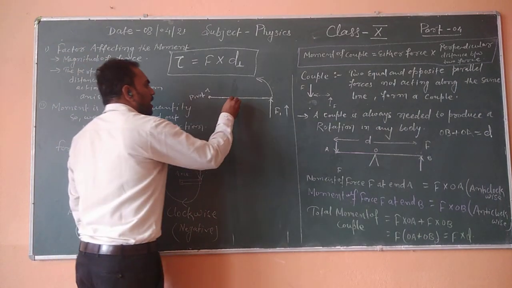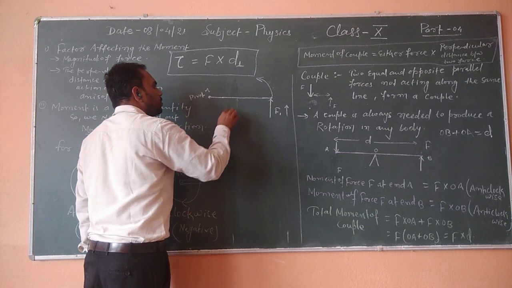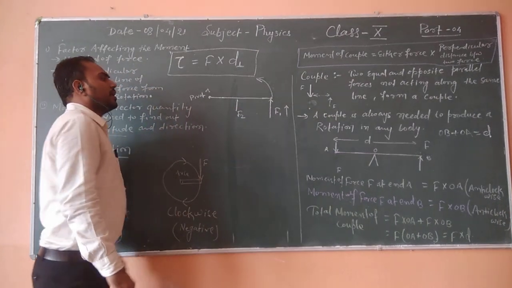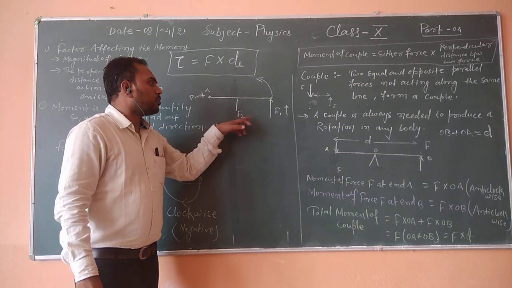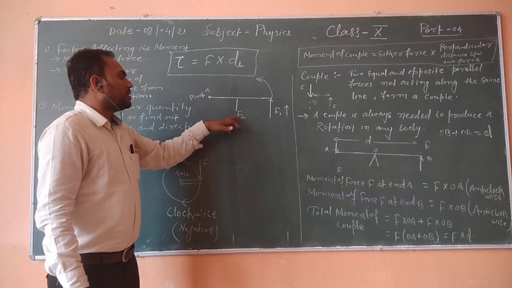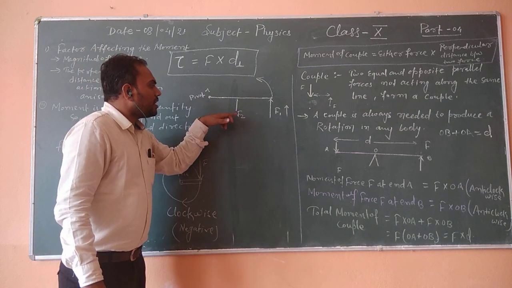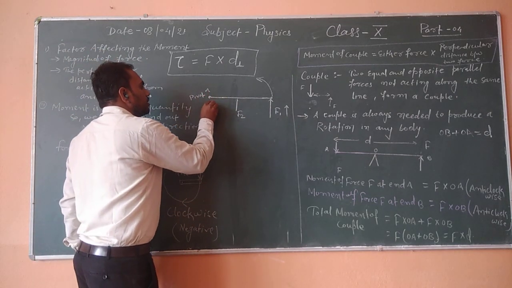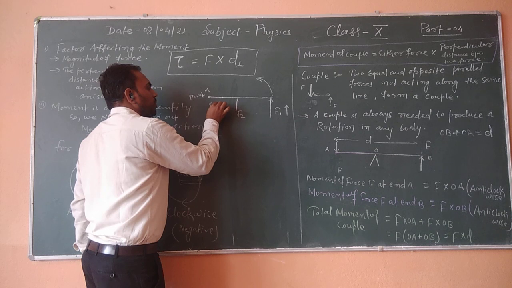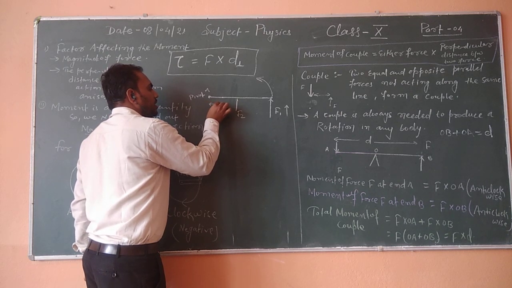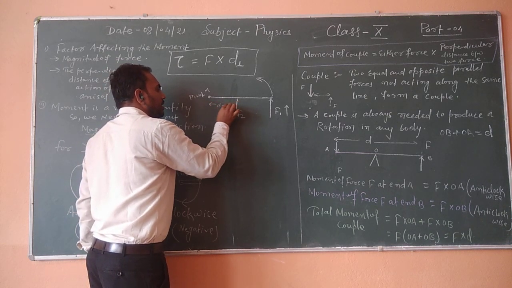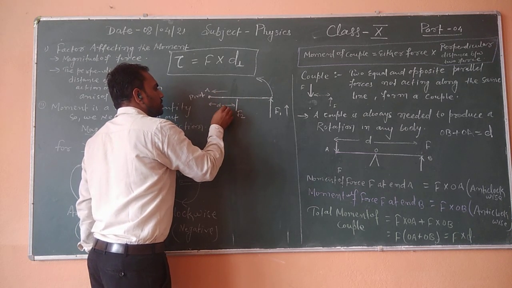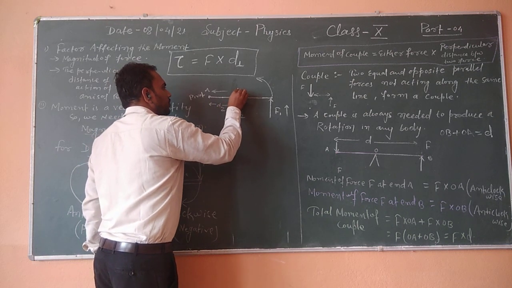If I apply force here, that is F2, this will produce less moment than F1, if both have the same magnitude, because its distance from the axis of pivot or axis of rotation is less. We may say 2 or 1.